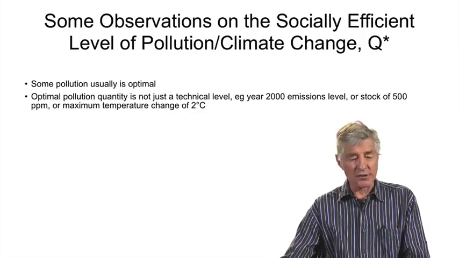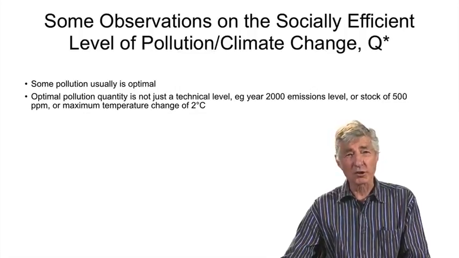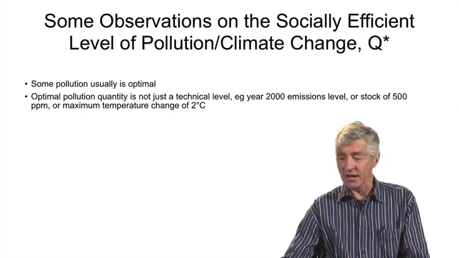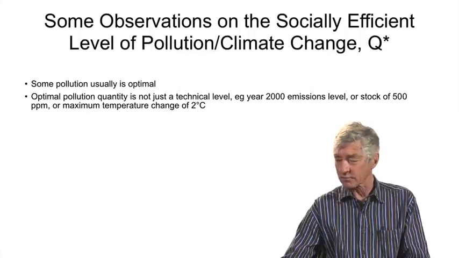Or some scientists have argued we should get to, say, 500 parts per million, or we shouldn't let the temperature get more than 2 degrees centigrade higher. Well, it also depends on the costs and benefits. And there's no guarantee that that marginal abatement cost curve and that marginal external cost curve will intersect at those technical levels. We have to have information on the costs.